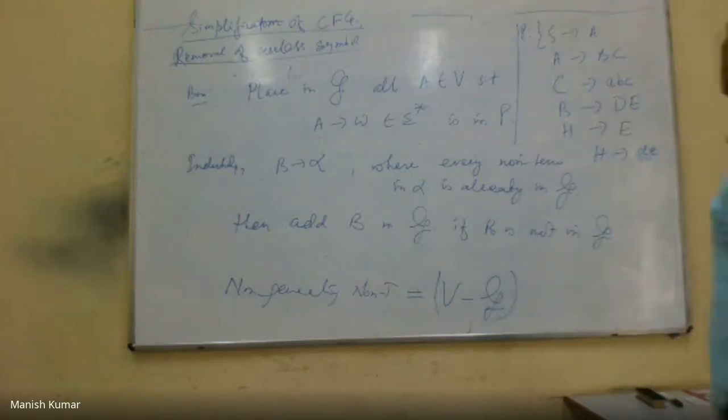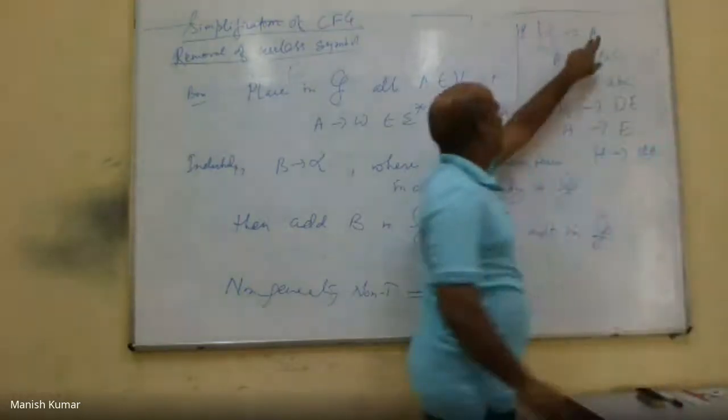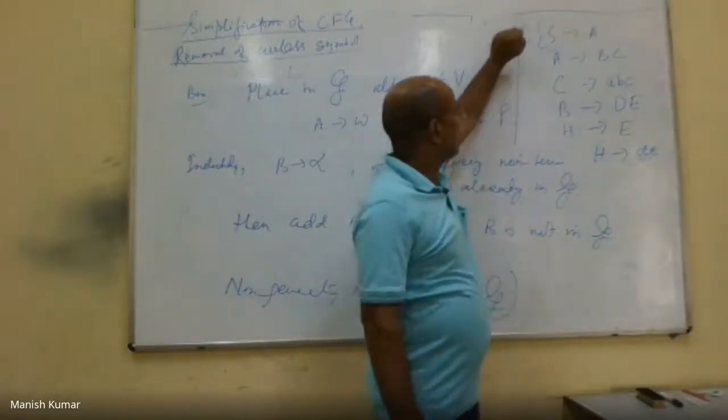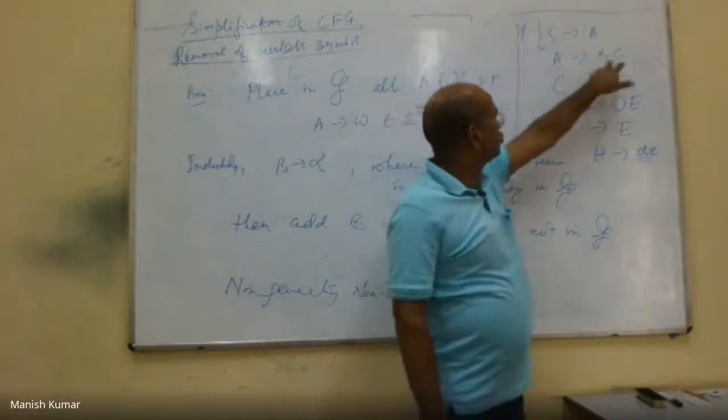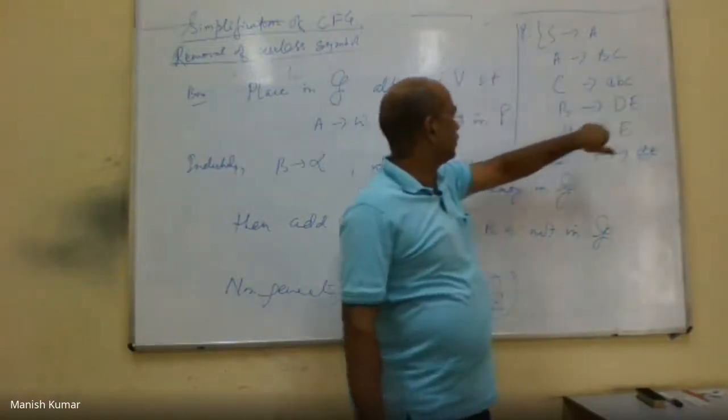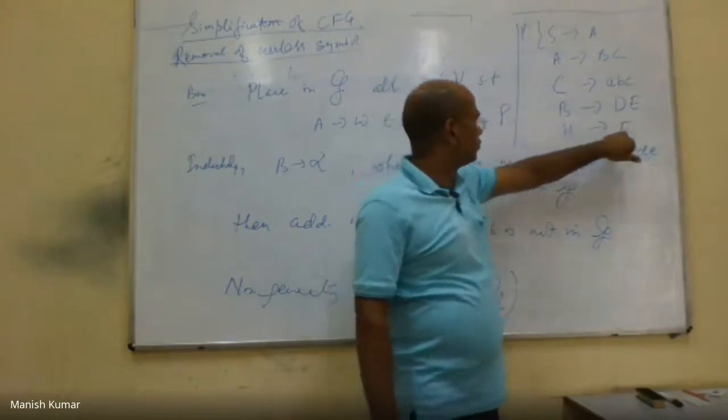So you can see that this is a generating one, and then A goes to B, C, then C goes to this, B goes to this, and H goes to this.